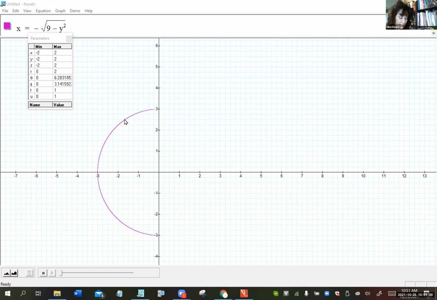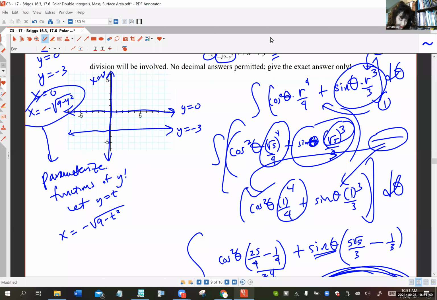So that is the leftmost semicircle of a circle centered at the origin of radius 3. Pretty cool, huh? So what I want to look at is if you graph a leftmost semicircle, there it is. Now that is the graph of negative square root of 9 minus y squared.